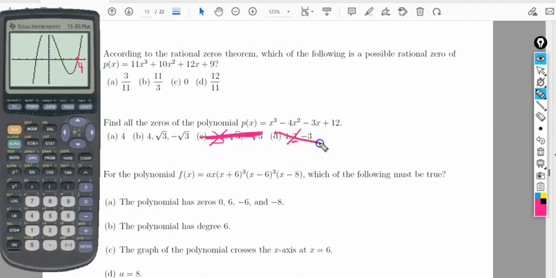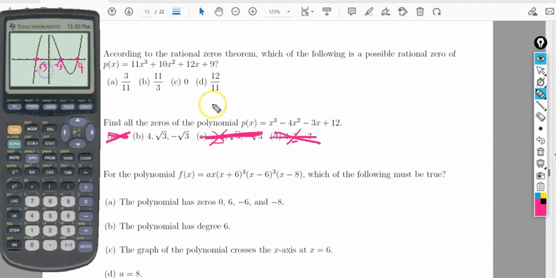So it can't be that. And there are 3 x-intercepts. This is saying there's only one. And this makes sense because where is the square root of 3? It's about 1.7 something. So between 1 and 2, but closer to 2. And where is the negative square root of 3? It would be between -1 and -2 and closer to -2.